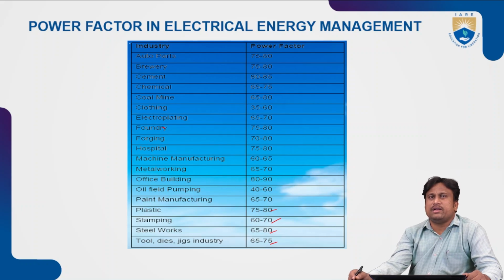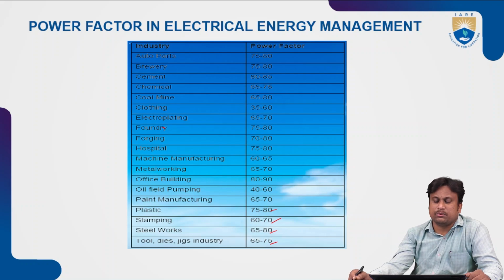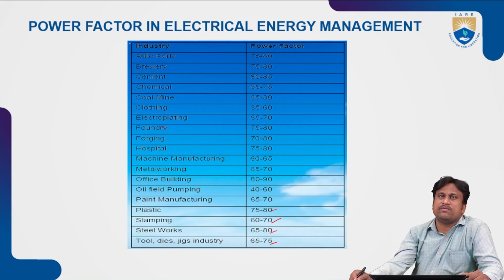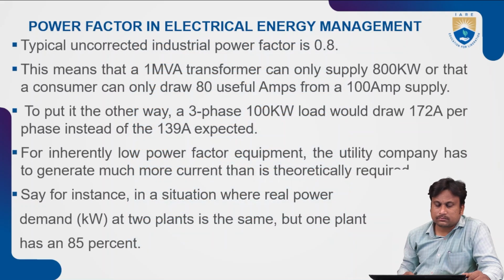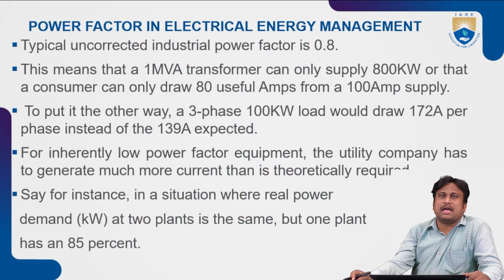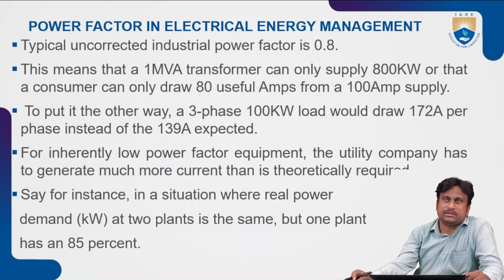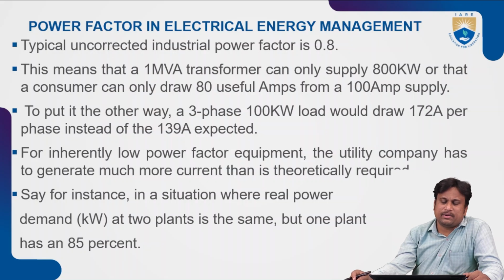All the industries listed here operate within these ranges of power factors under suitable conditions. A typical uncorrected industrial power factor is in the range of 0.8. What happens with this?